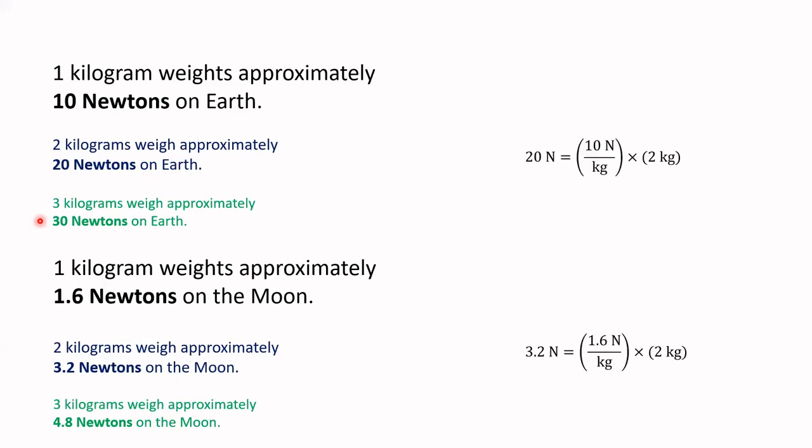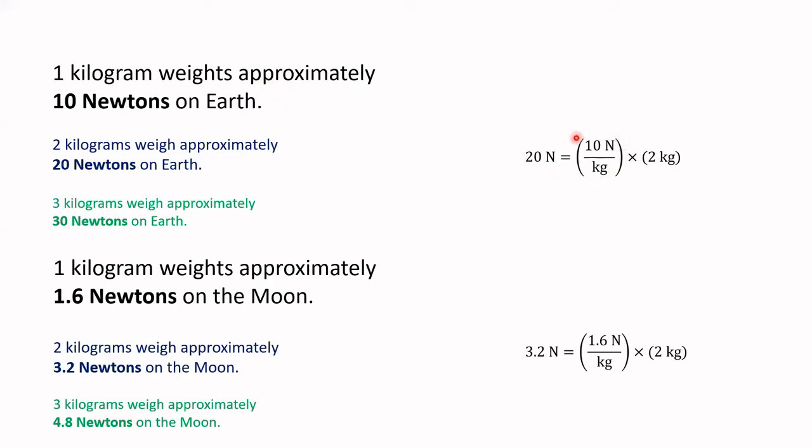So for each of those examples, well, I'll look at the second one specifically. I said that 2 kilograms should weigh 20 newtons. We'll look at the first example. It tells us that each kilogram weighs 10 newtons.